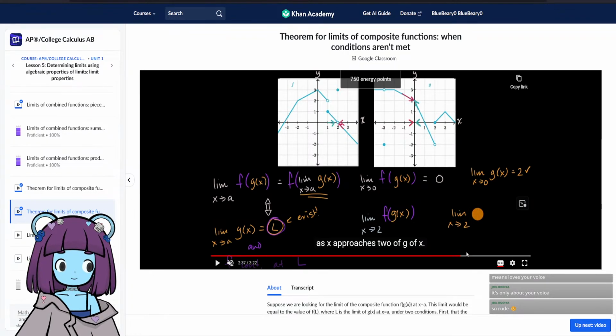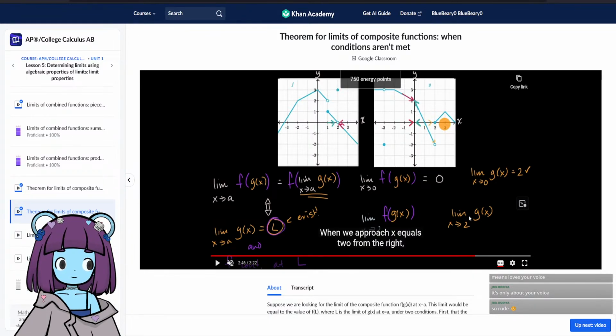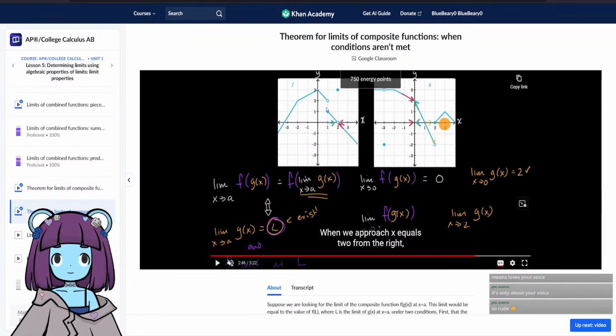Alright, for this one, since the limit does not exist there, how do I look at this then? Do I go like f of x? Or f of x as it approaches 2?